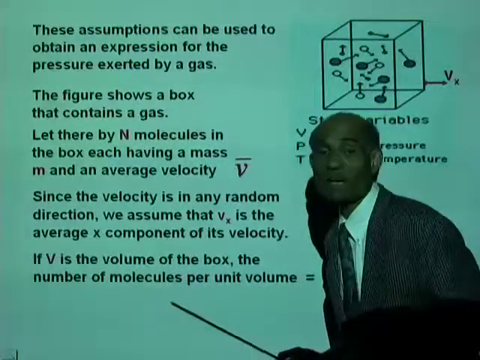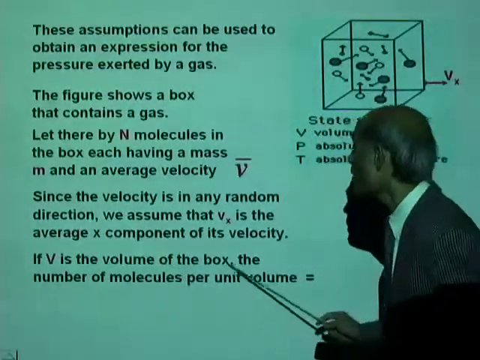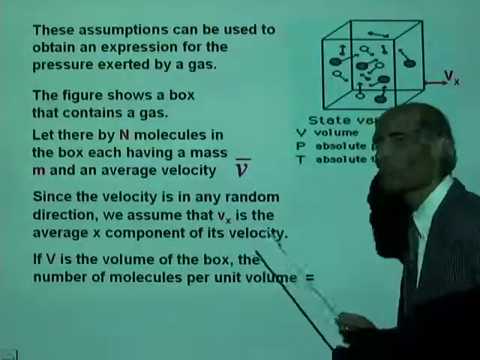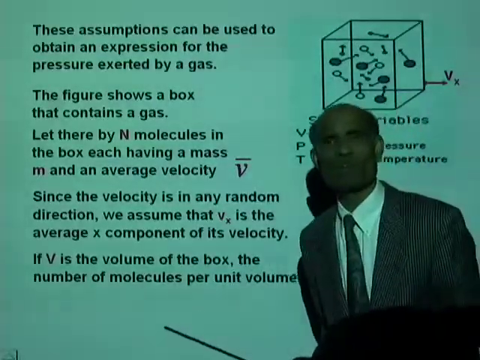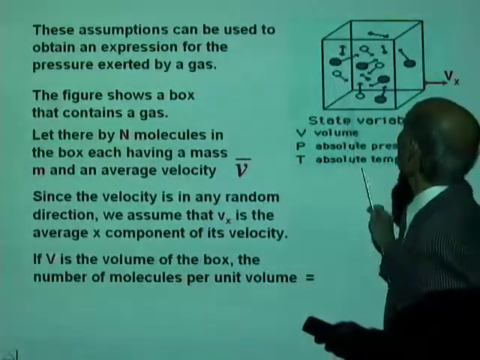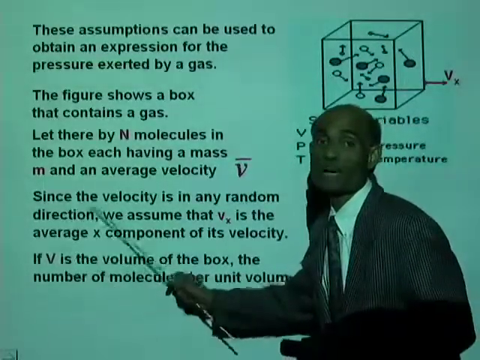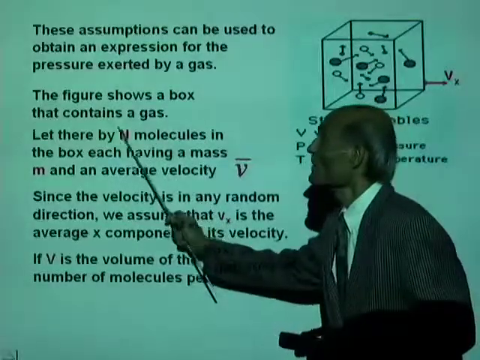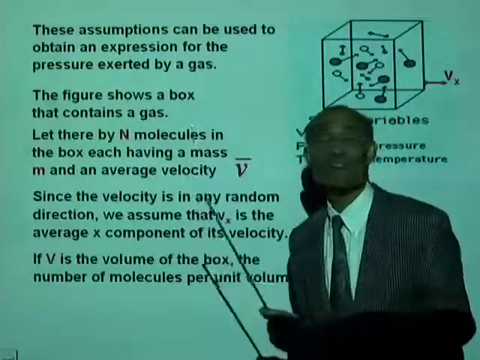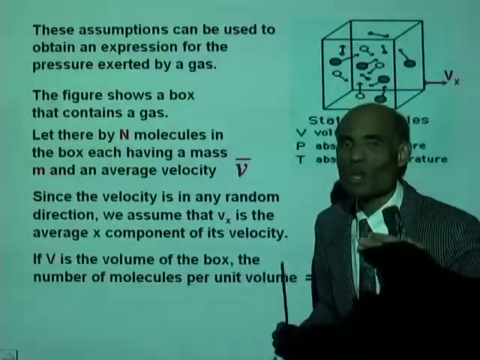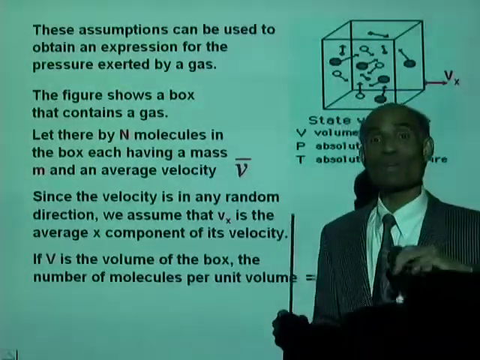If uppercase V is the volume of the box, the number of molecules per unit volume, what would that be? If the volume of this box is V, and how many molecules are contained in that volume? There are n molecules in that volume. Therefore, what is the number of molecules per unit volume?